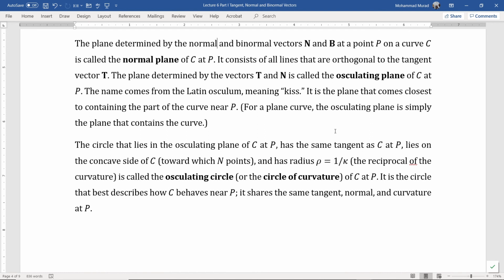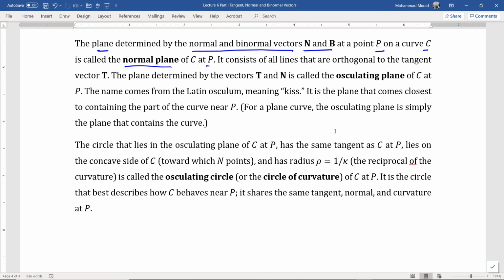The plane determined by the normal and binormal vectors N and B at a point P on a curve C is called the normal plane of C at that point.